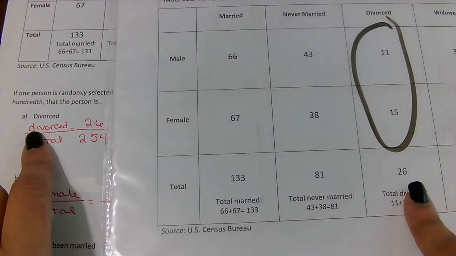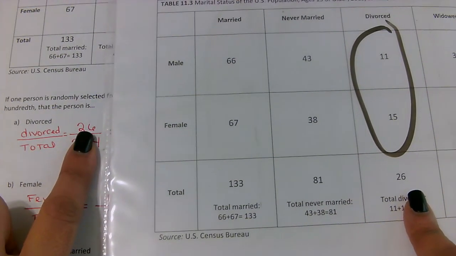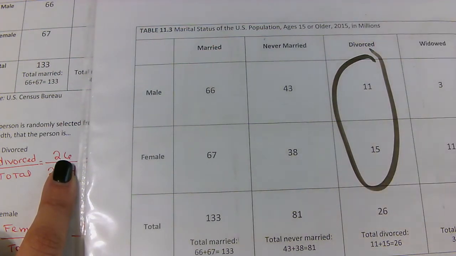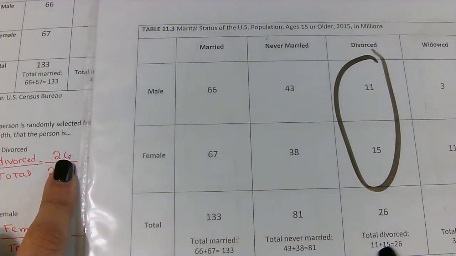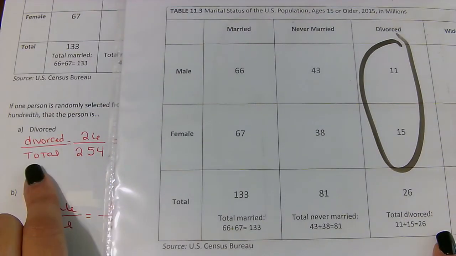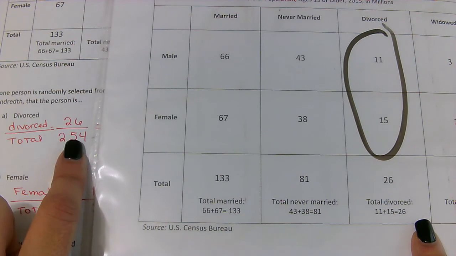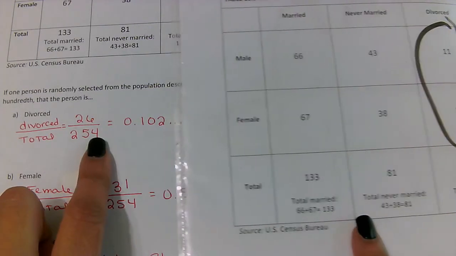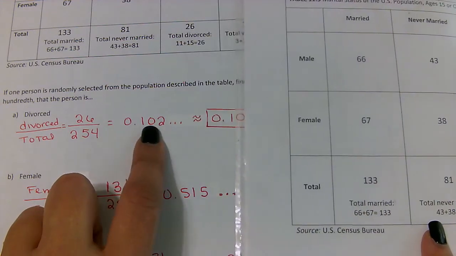So if you can see here, I have the number 26. Yes, it's in millions. Don't worry about that, because remember, when you're talking about probabilities, zeros will cancel out with the zeros for the total population. And then again, you need the total always in the denominator, which is the 254. So when I put this in the calculator, you get all of these numbers.